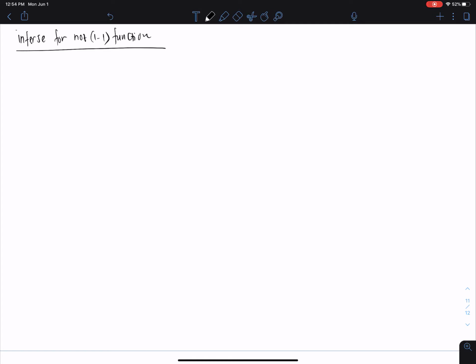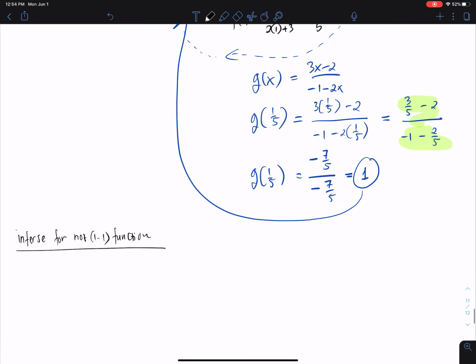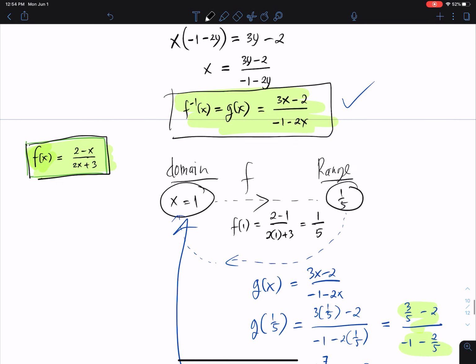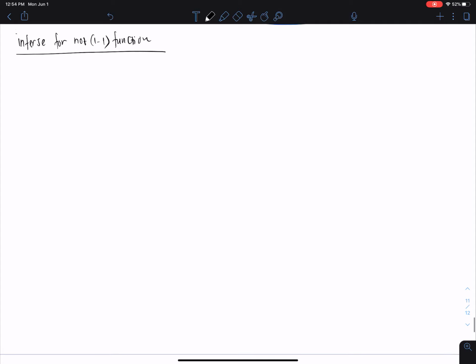So the next example that we would like to discuss here is how to find the inverse for not one-to-one functions, because earlier we did inverse for one-to-one functions.